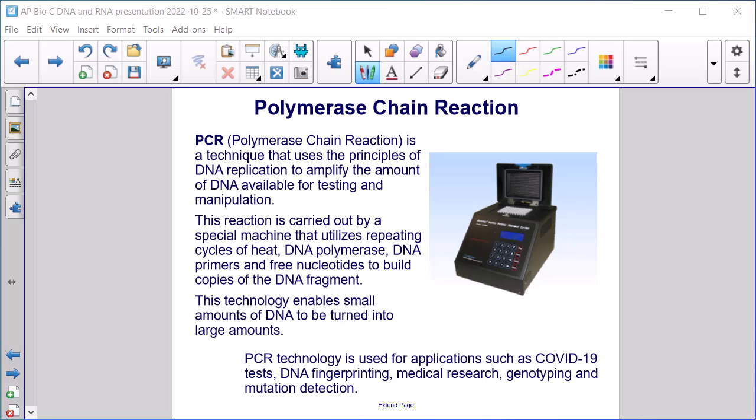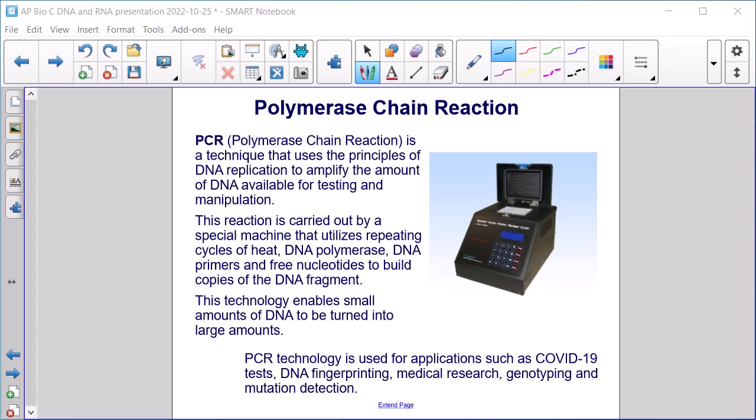Polymerase chain reaction, or PCR, is a technique that uses the principles of DNA replication to amplify the amount of DNA available for testing and manipulation. This reaction is carried out by a special machine that utilizes repeating cycles of heat, DNA polymerase, DNA primers, and free nucleotides to build copies of the DNA fragments.